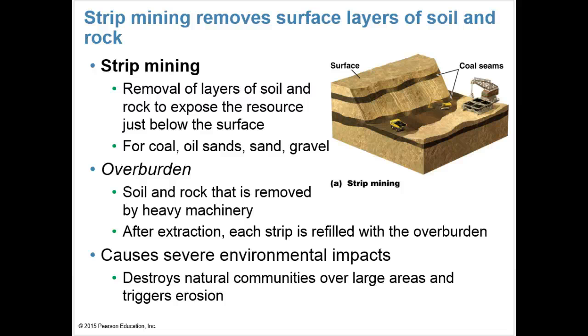Then the strip is refilled with the overburden, and the miners proceed to an adjacent strip of land and repeat the process. This does cause severe environmental impacts, such as destroying natural communities over large areas, and it triggers erosion.